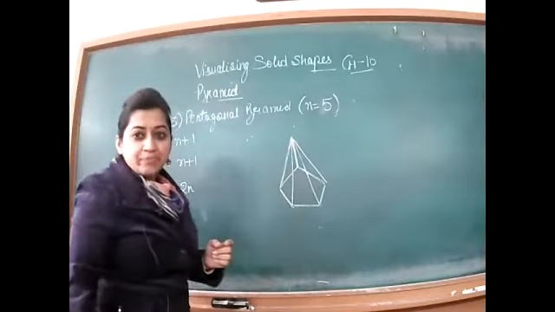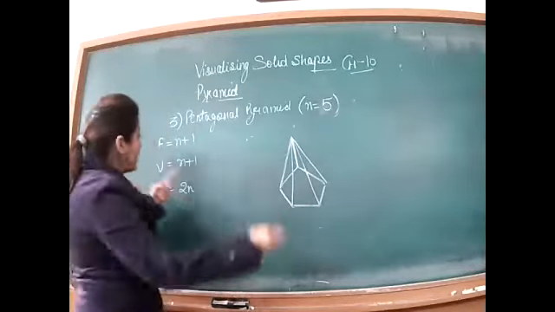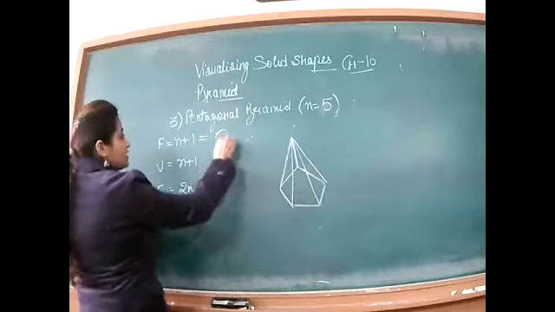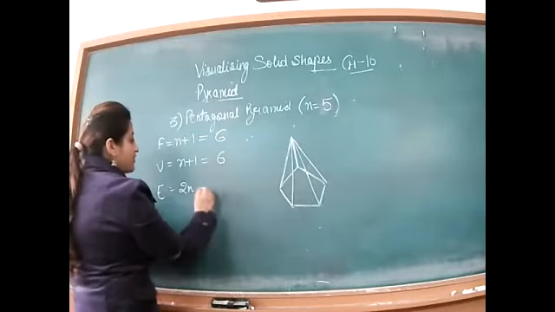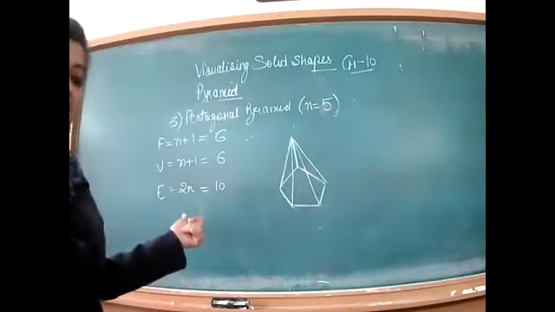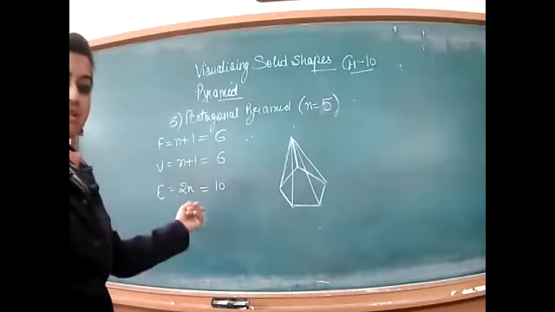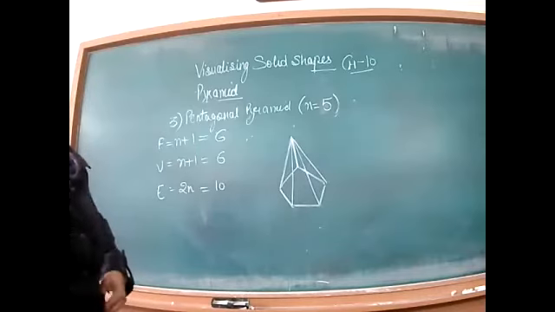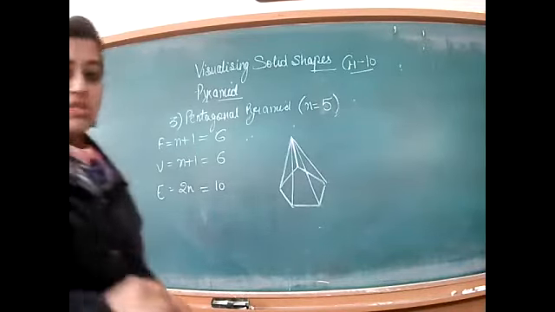Is it okay? So this is your pentagonal pyramid, and the formula gives 5 plus 1, 6, and double of 5 is 10. So you can again verify this. If you take these faces, vertices and edges, you can verify your Euler's formula as well.